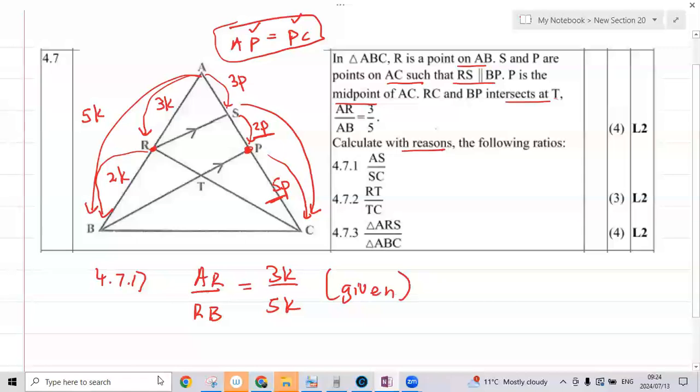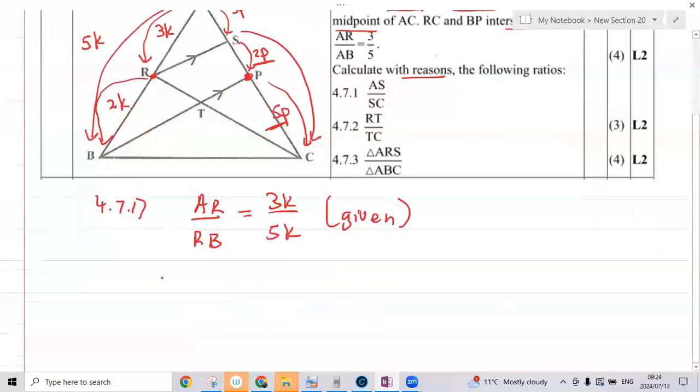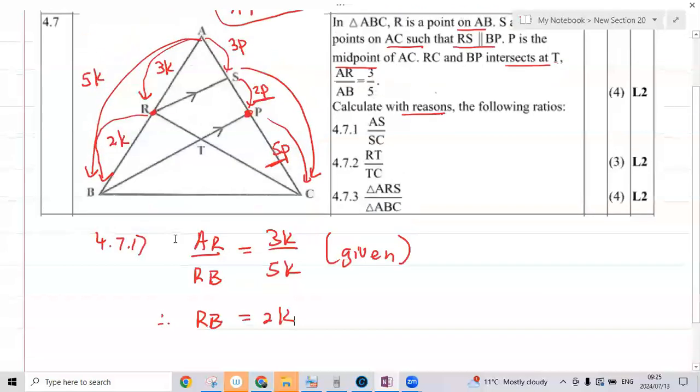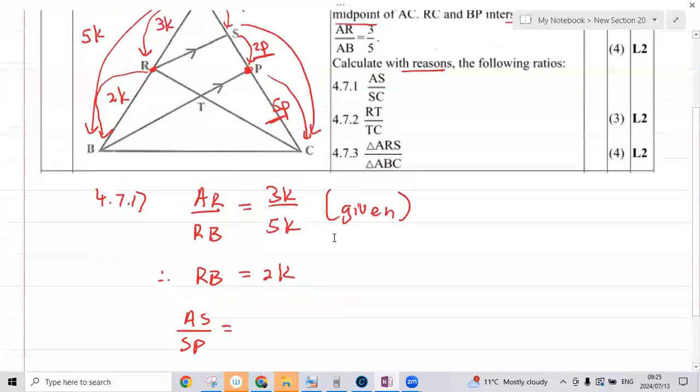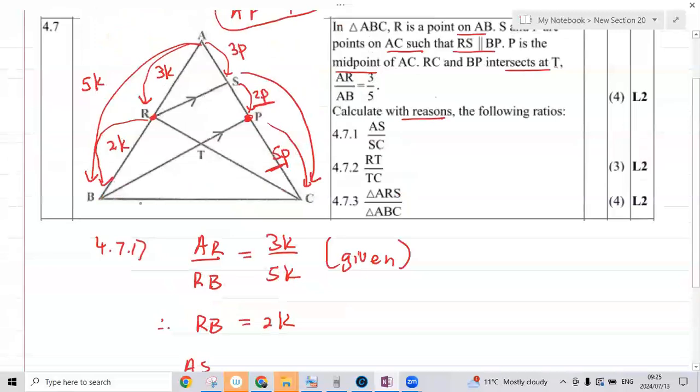Therefore, RB is going to equal 2K. Then next, what did we say? We said AS over SP. AS over SP equals AR over RB.